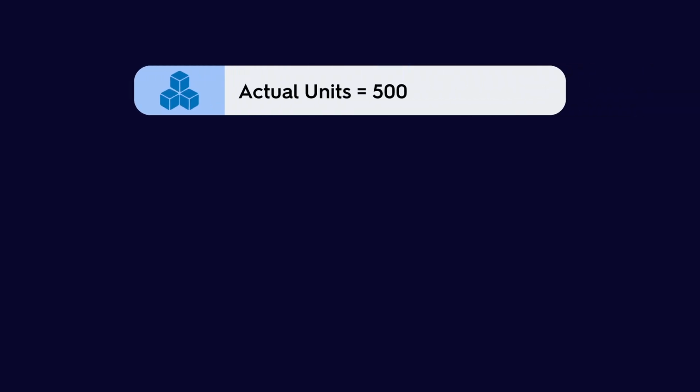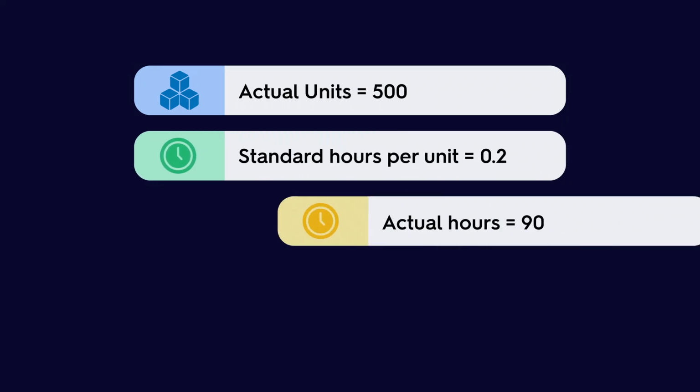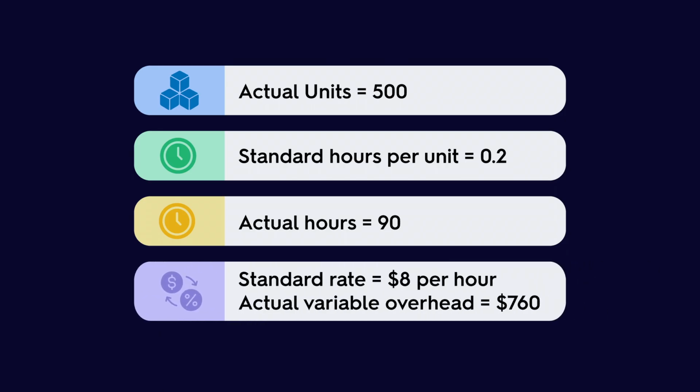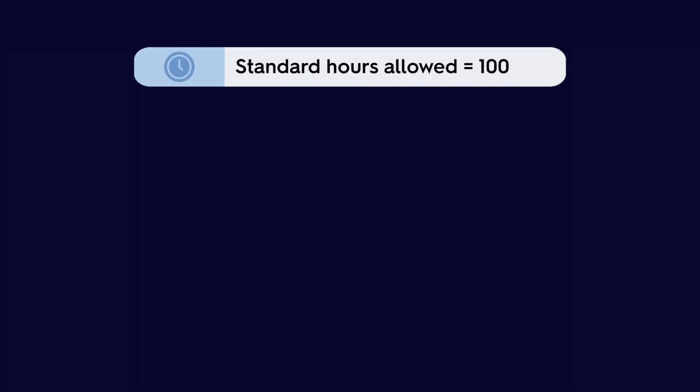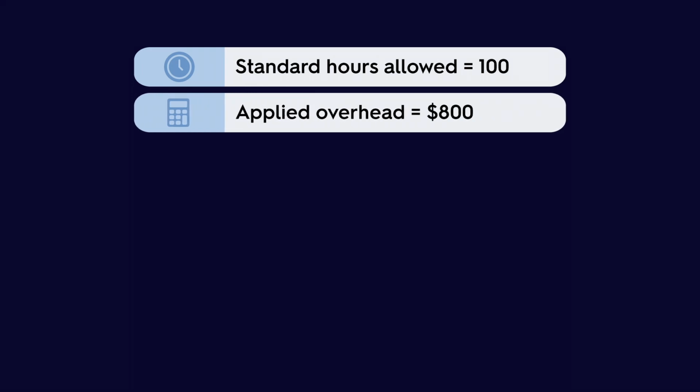Now let's apply the same logic to a new case. Suppose a company makes 500 units, allows 0.20 hours per unit, uses 90 actual hours, has a standard variable overhead rate of $8 per hour, and spends $760 on actual variable overhead. Standard hours allowed are 100. Applied overhead is $800.